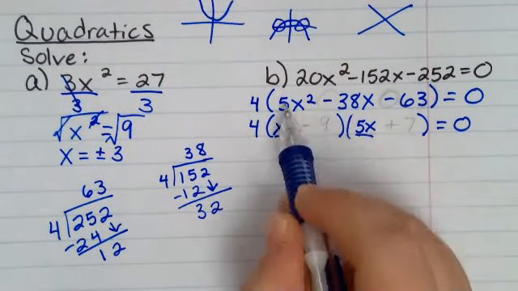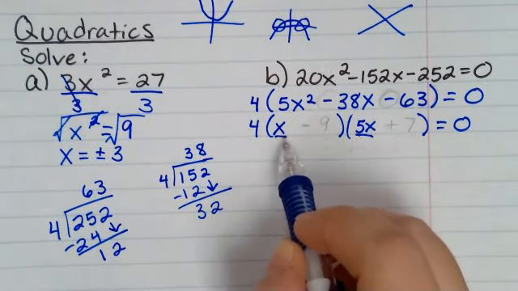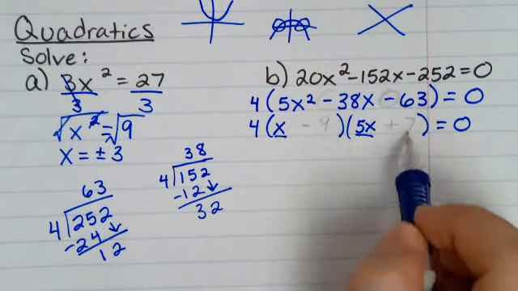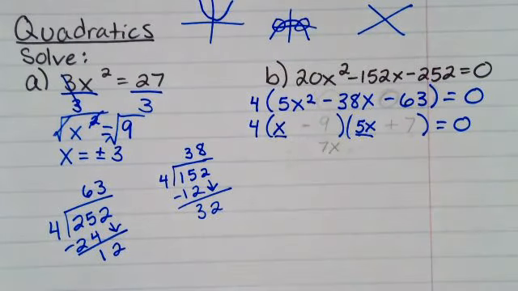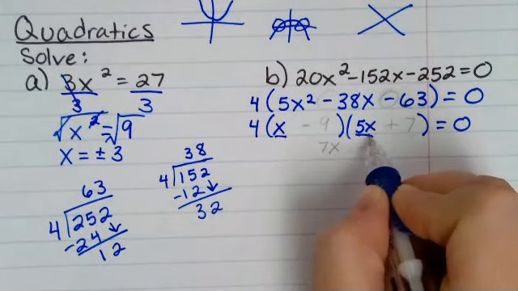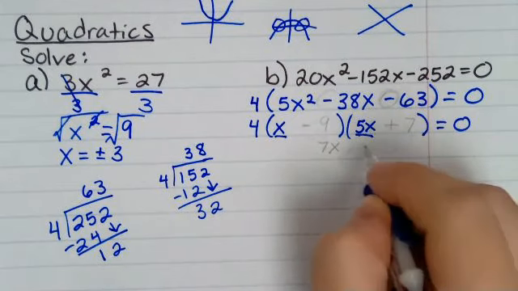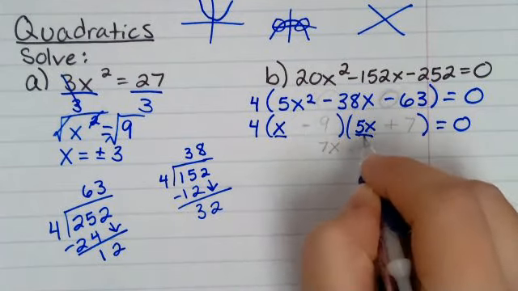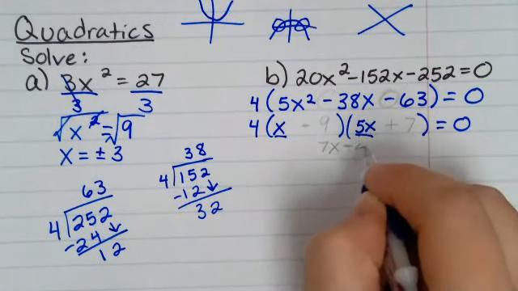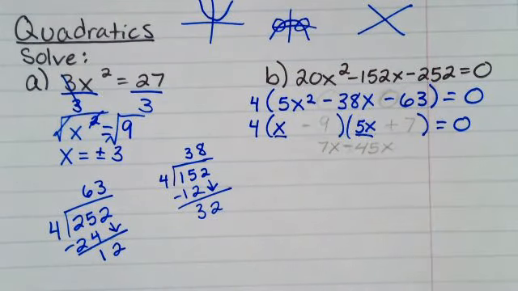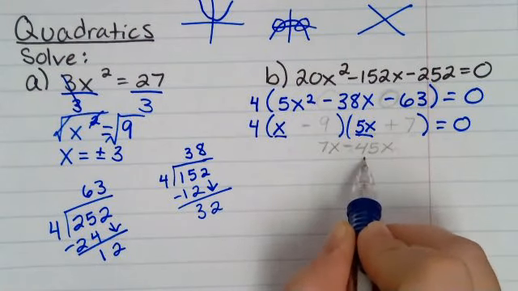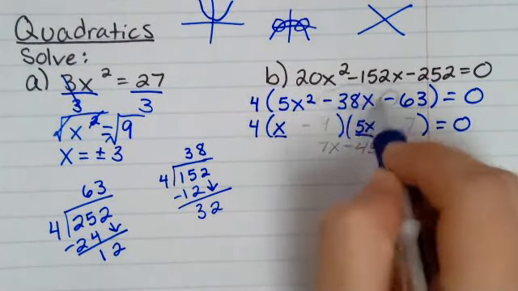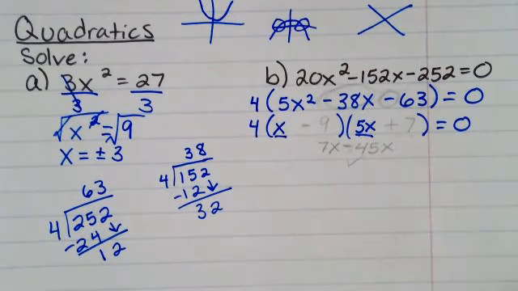We know first times first, we're good. We already tried that. The next step to FOIL would be outside times outside. So x times 7 is 7x. Then inside times inside. Negative 9 times 5x is a negative 45x. And this pair right here, 7x minus 45x, it does add up to be the negative 38x.